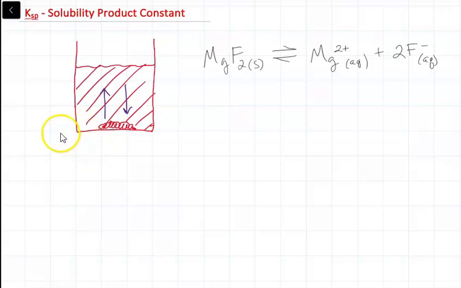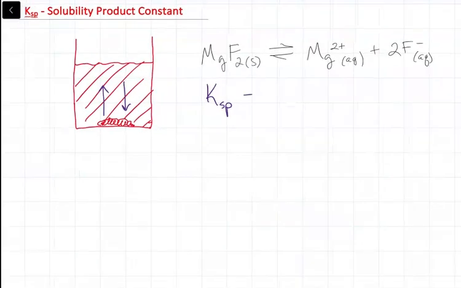Since it is an equilibrium system, just like any other equilibrium system, we could write an expression, right? So that expression is going to be called a Ksp, the SP refers to solubility product constant. So our reactant is a solid, so it gets left out.